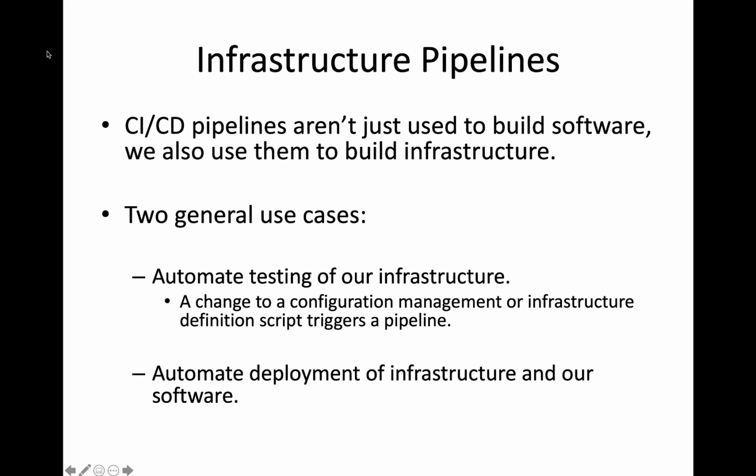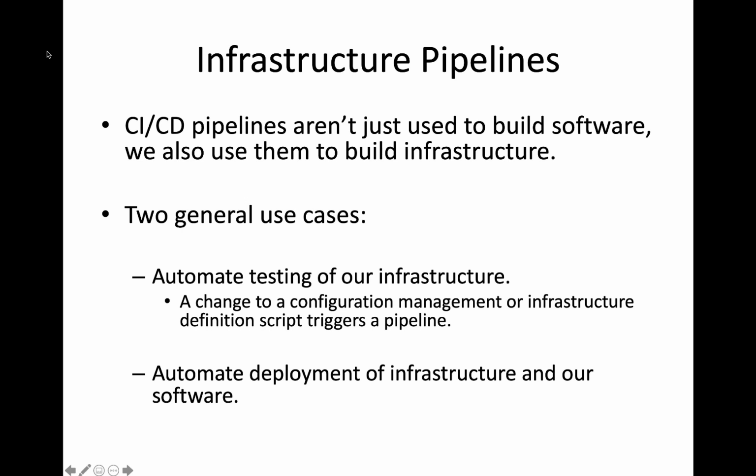One of the things I wanted to mention as we close our discussion on the CodePipeline service is that, oftentimes when we talk about software delivery pipelines, we're thinking in terms of our software applications. But pipelines aren't just used to build software. We can also use them to build infrastructure.